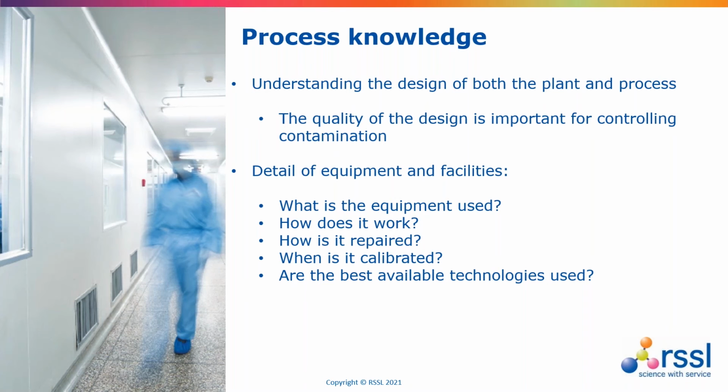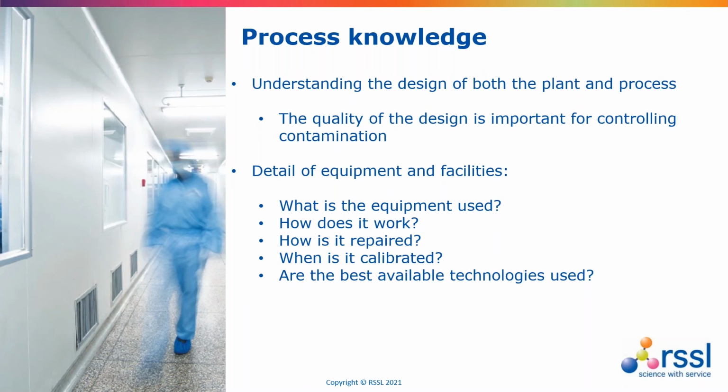So we need to make sure that we are drawing in the necessary expertise, and we have people who have an understanding of how the plant and process works. Ideally, those are involved in original quality by design aspects, and to fully understand exactly what is the equipment used, for example, how does that equipment work?